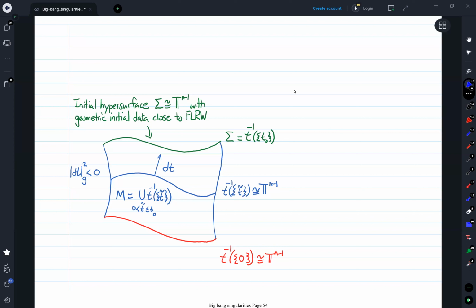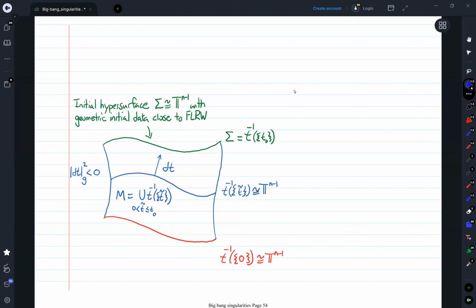Now, all of this is actually hard to do, for reasons that we could talk about. If I give you a random time function that you're going to use to describe space, how do you know that it's going to be t equals 0 at the singularity?